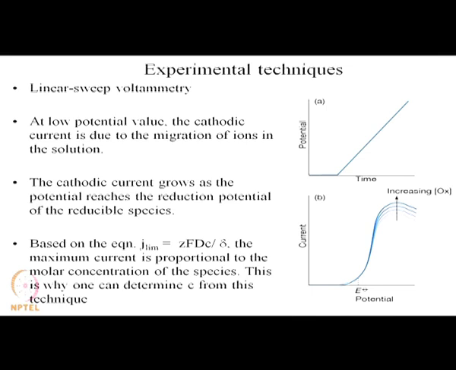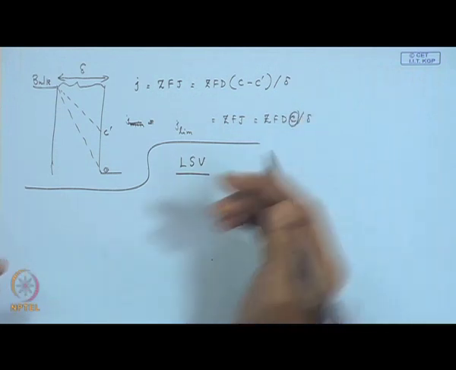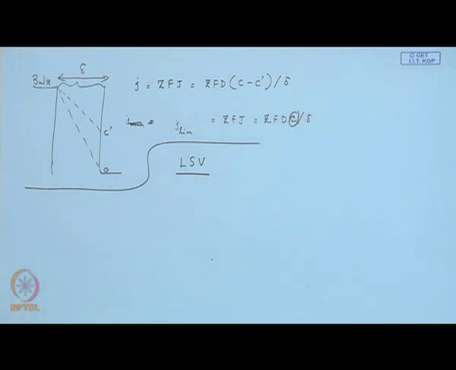And as I told you, based on the previous equation, the limiting current is Z F D C divided by delta, the maximum current is proportional to the molar concentration of the species. So, using the limiting current, you can find out the concentration of the species.